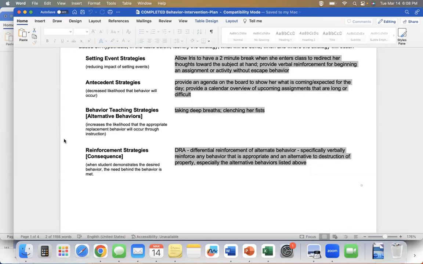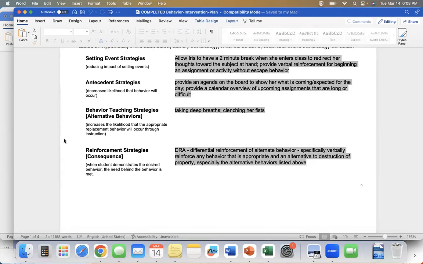And then reinforcement strategies here. So what is the consequence? And in reinforcement, keep in mind, reinforcement should cause the behavior to be more likely to occur in the future. If the behavior is not more likely to occur in the future, it is not actually reinforcement. So what we want to look at is something that's going to increase the likelihood of those replacement or alternative behaviors that we want to teach instead.